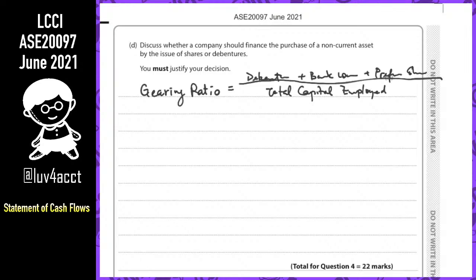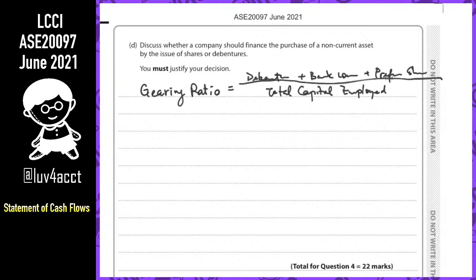And also more shareholders controlling the company. That will dilute your ownership, dilute your control over the company. So both methods have their pros and cons.